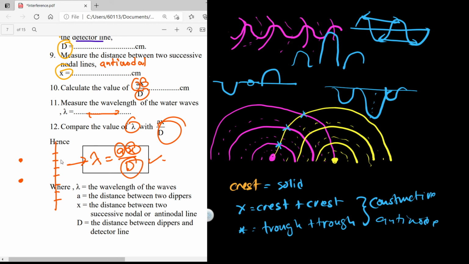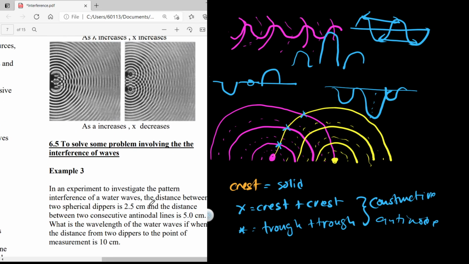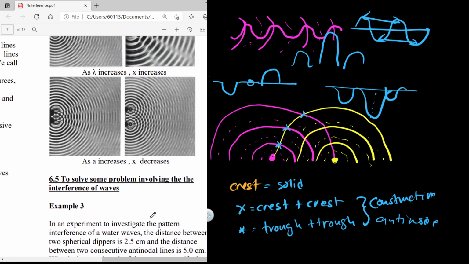D is the distance between the sources and the point where we want to detect the difference of fringe, loud or wave.